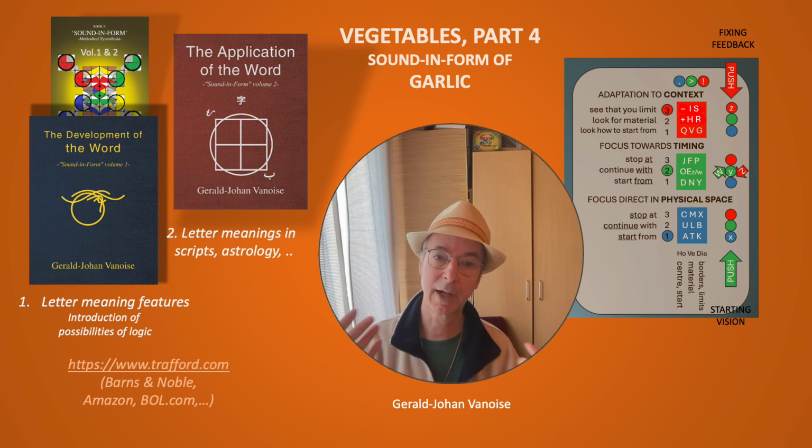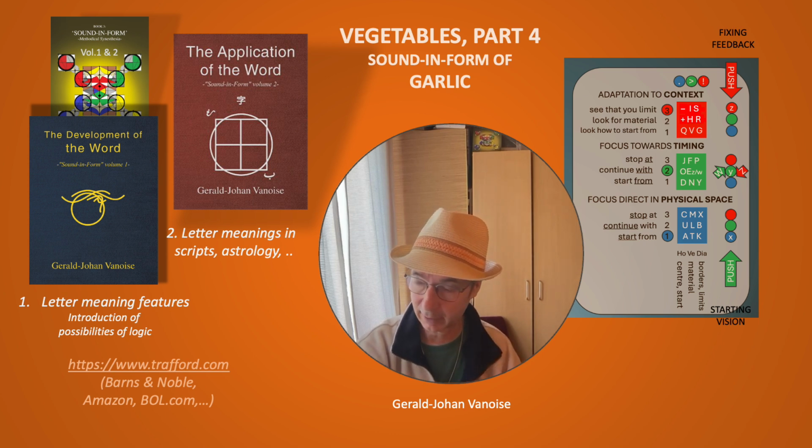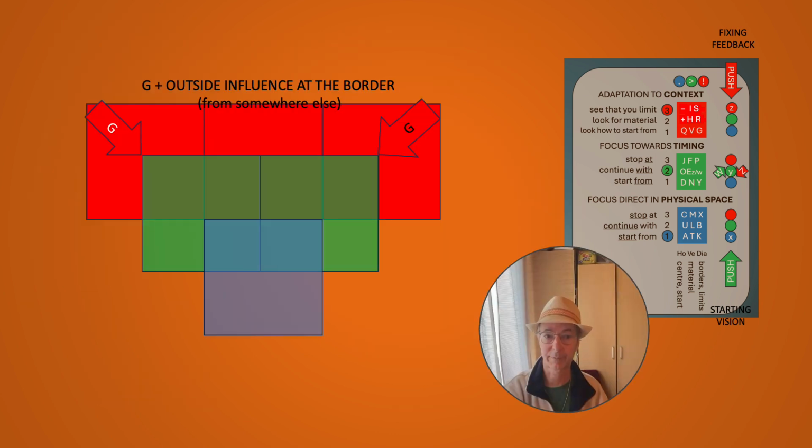It's something behind it. And that's how we sense also garlic. With garlic we sense there is a whole world behind it. And that's what the G always is. It's that link towards a bigger space and world behind it. And you can express it like this.